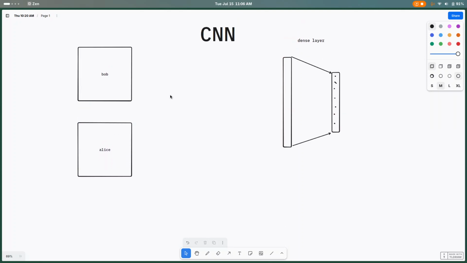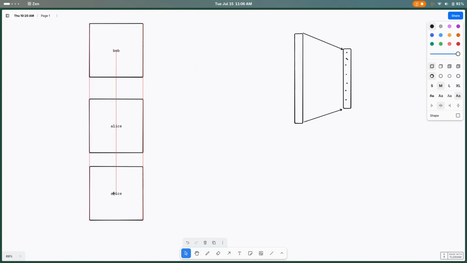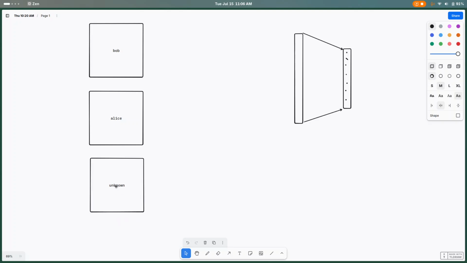So if it is just two, and if the end result is known, which means we know there's going to be Bob or Alice, there's not going to be anybody else. Or there could be a third one that is unknown. So we don't really care who it is, but it is unknown. That is totally fine using our current architecture.